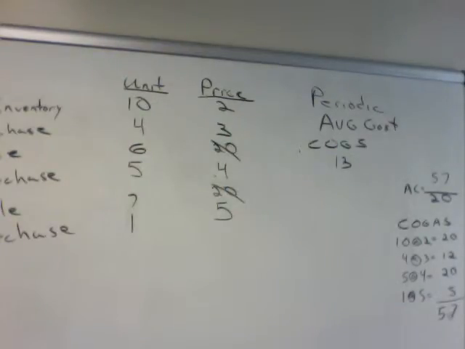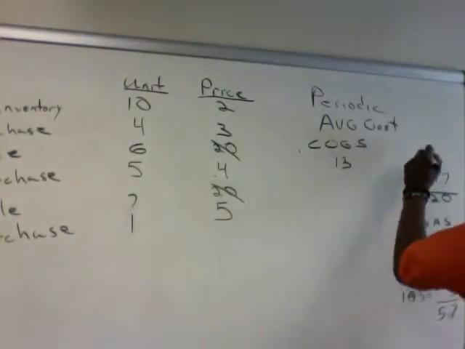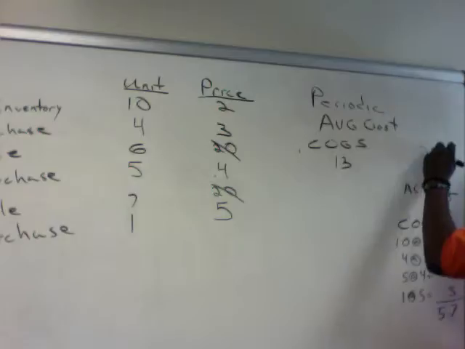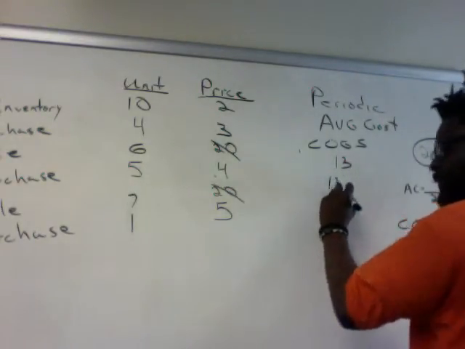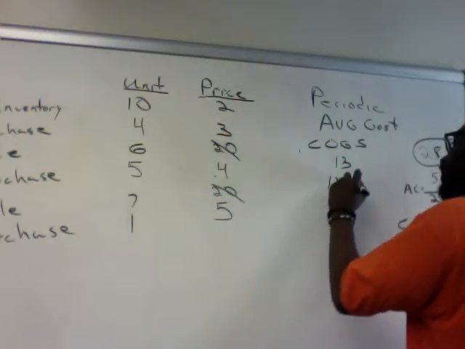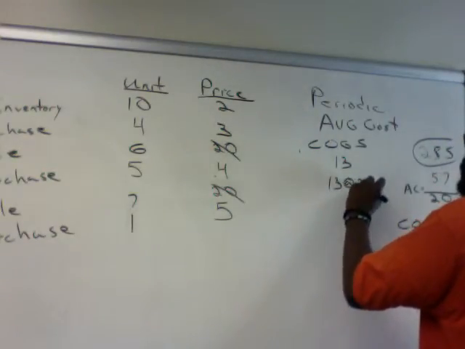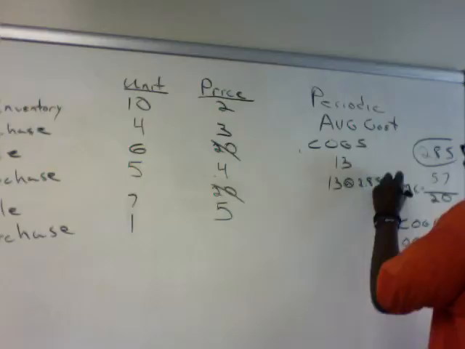So we take the 57, divide it by 20. I'm going to get my trusty calculator out. And I'm going to say 57 divided by 20 gives me 2.85, $2.85, guys. So my 13 units are sold at an average cost of $2.85.